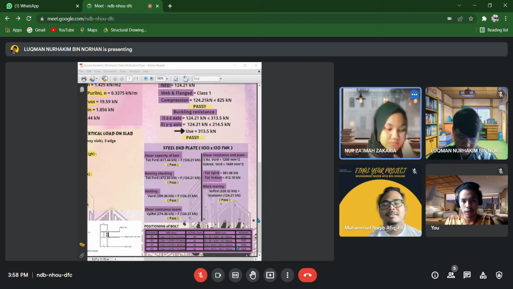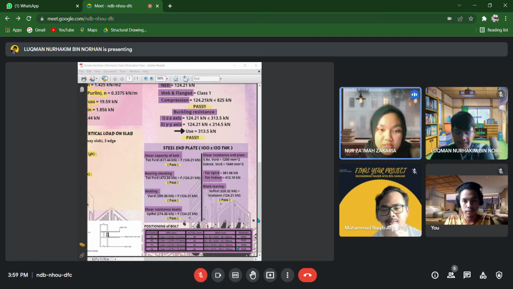For the connection part, there are 4 steps: bolt check, plate check, beam web check, and welding check. From the positioning of the bolts, we can determine whether the size of bolt that we use passes or not.